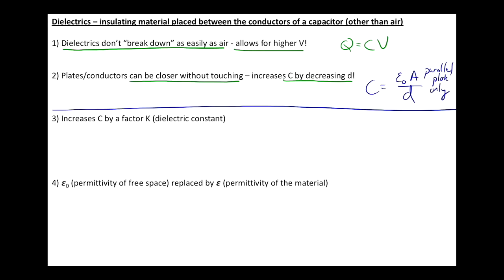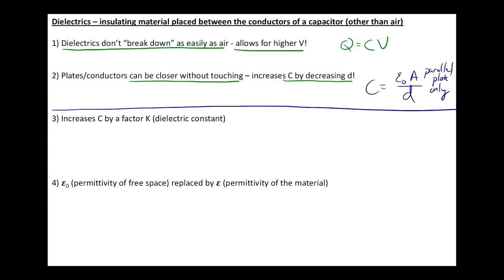All right? These last two give you a little bit of math as to what happens, what's the effect. And there's nothing complicated here. Just sort of take it and run with it, all right? Notice, number 3 says that it increases C by a factor K. This factor K is the dielectric constant. It's just something you look up in a table. It's different for different insulators, all right?